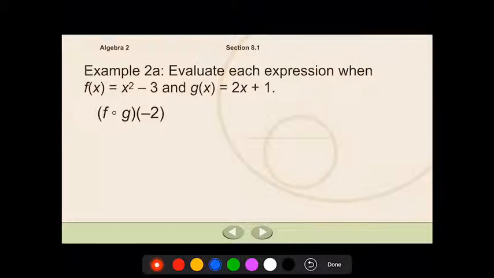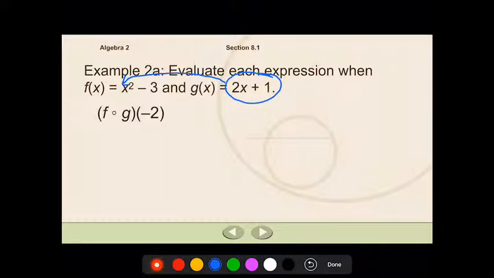Literally this means is you take this value for g of x, and you take that value and you plug it into the value for x in the f of x function. So literally you're taking the g of x function and plugging it into the f of x function, and you plug it into where it says x squared.